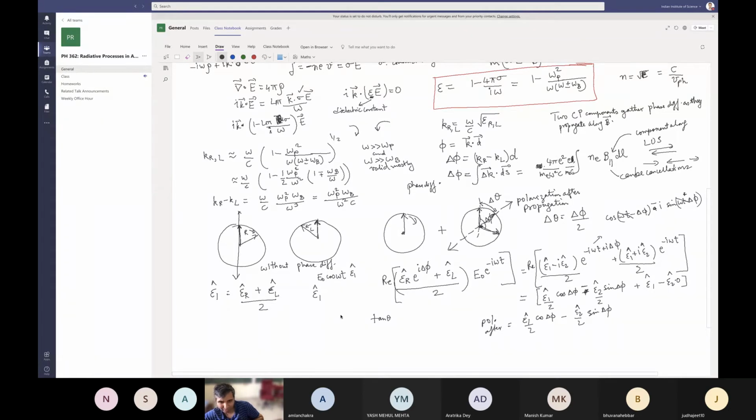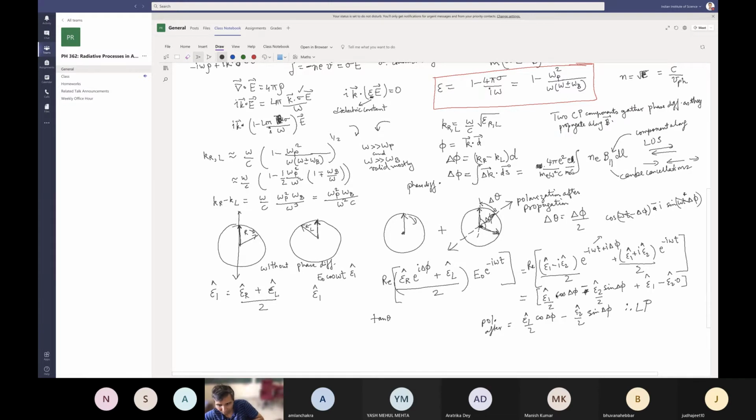So tan theta basically, this is again linearly polarized, right? There is no phase difference between these two. The time variation is the same. There is only amplitude change. So that's why this is linearly polarized. You see, for circularly polarized, there has to be a pi by 2 phase difference, and you don't have that here.